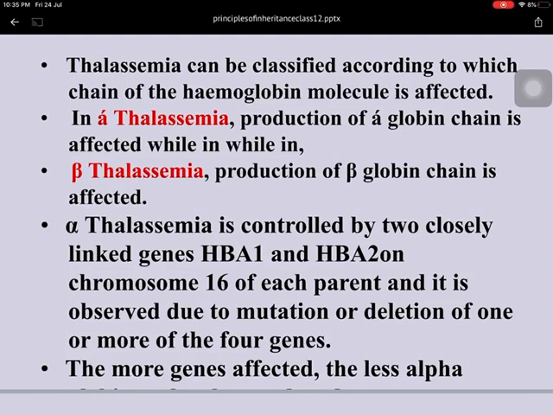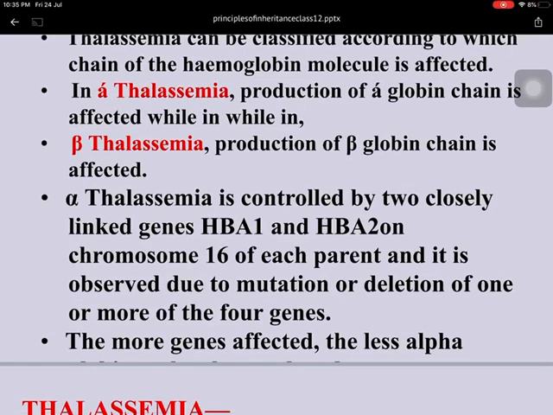So HbA1 means hemoglobin alpha 1, and just like that HbA2 means hemoglobin alpha 2, and both genes lie on the same position on chromosome number 16. When one or more of the four genes is mutated or deleted, what happens? It affects the alpha chain, and as a result a lesser amount of alpha chain is produced and beta chain will be increased.